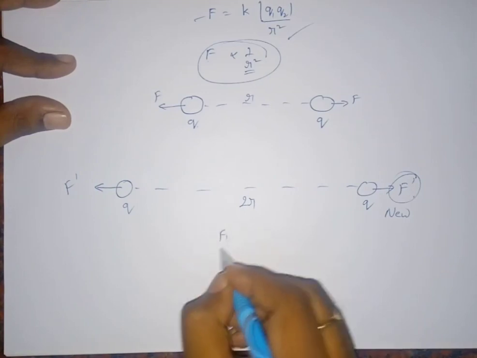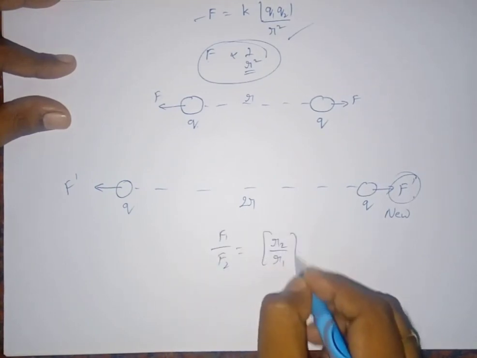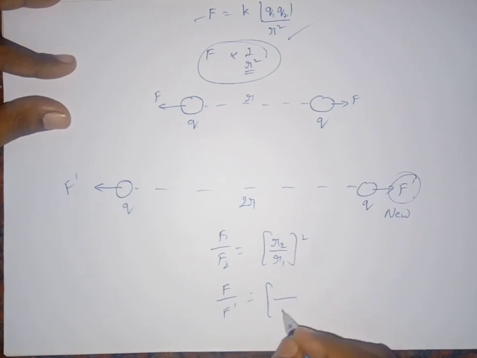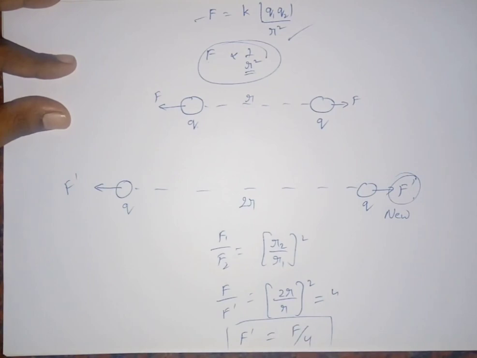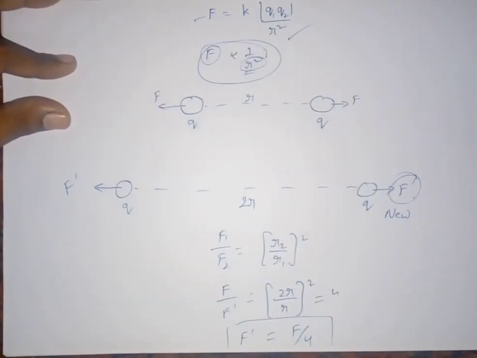So if I write F1 by F2, it should be equal to R2 by R1 whole square. F1 is F, F2 is F dash. R1 is R, R2 is 2R, whole square, which is equal to 4. That means F dash is equal to F by 4. The force got reduced by 4 times.